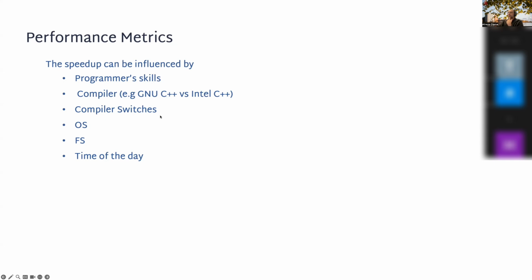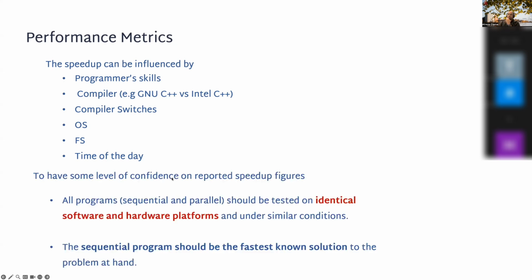If you use compiler optimization, for example, it also depends on the operating system, the file system of the operating system, and even time of the day. Because, for example, you want to execute your algorithm on a data center, and that data center has different workload depending on the time of the day. So then you can have different speed of results.